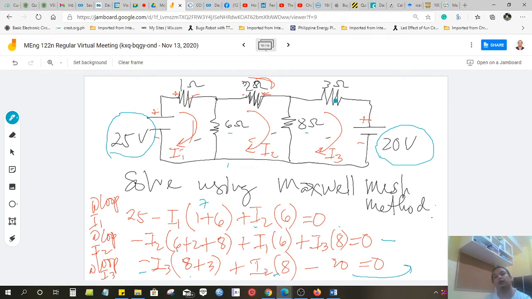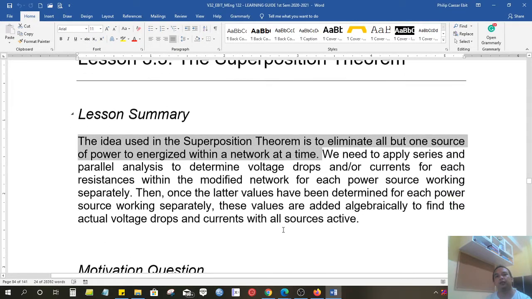What if we use 25 volt first? What is the value of current in 6 ohm? And what is the value of the current in 6 ohm if 20 volts is working independently? Meaning, the 25 and the 20 volt do not work at the same time. That is the most basic idea of the superposition theorem.